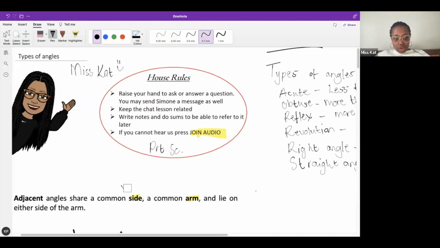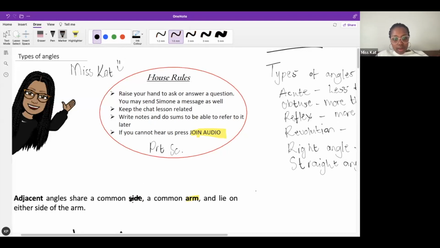They have to share a common vertex. For a while I was like, common side, where does the side come from? This doesn't make sense. So it's not side, guys. Let's fix this before someone makes the mistake of writing it.